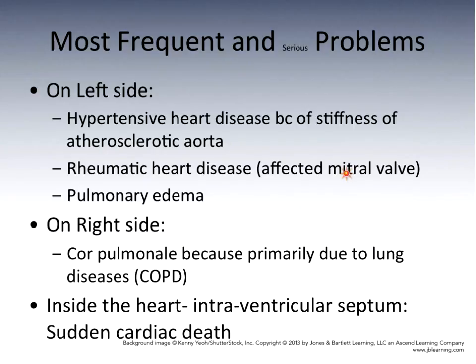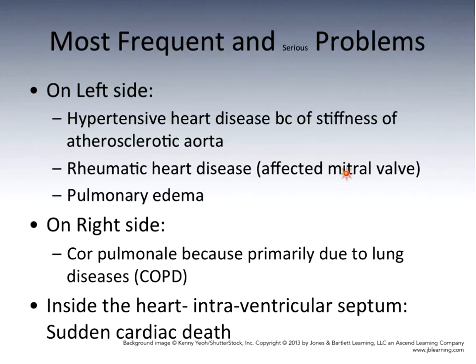This is the problem on the right side. Sometimes people might have problems primarily in the lungs, like COPD or pulmonary hypertension. That can lead the heart to work harder to push the blood against the stiff lungs. But also, you will see the lung and heart are so connected through the blood.